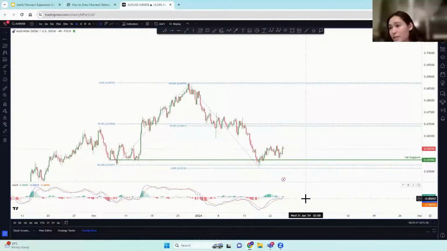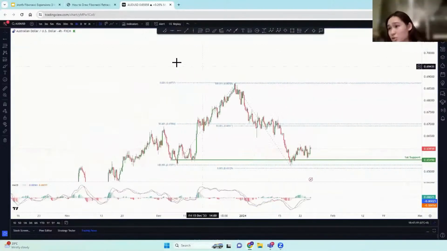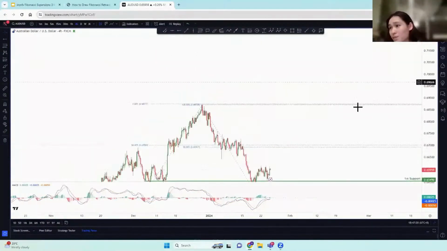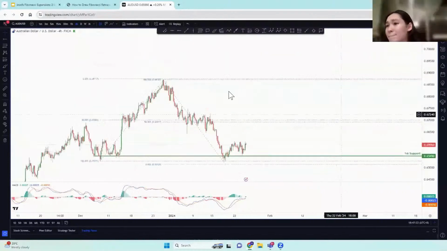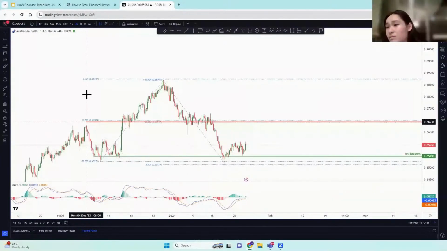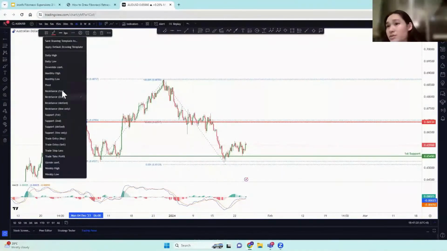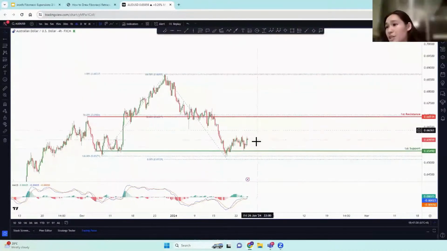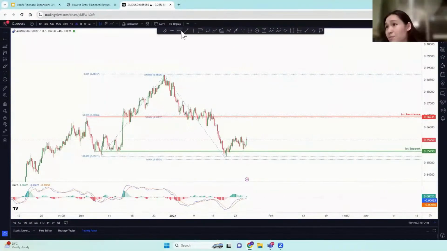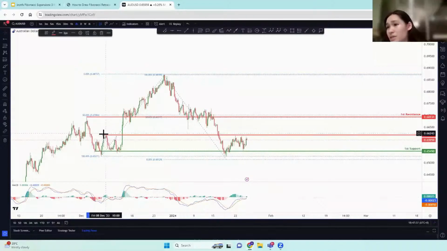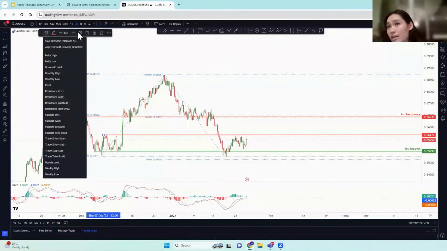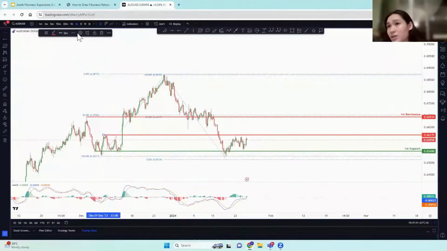For our MACD, it is giving us a bullish signal, which supports our analysis. This is my first resistance. We're expecting price to go from our first support, and maybe there will be some resistance over here at an intermediate level.